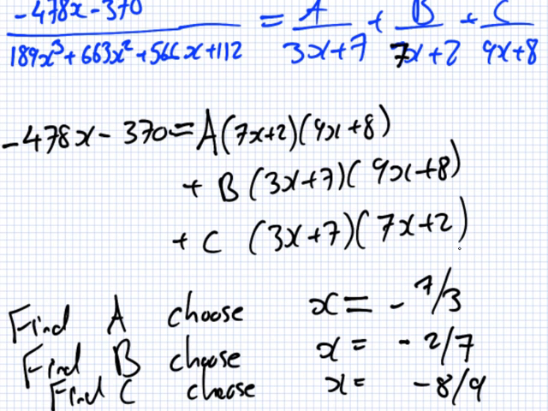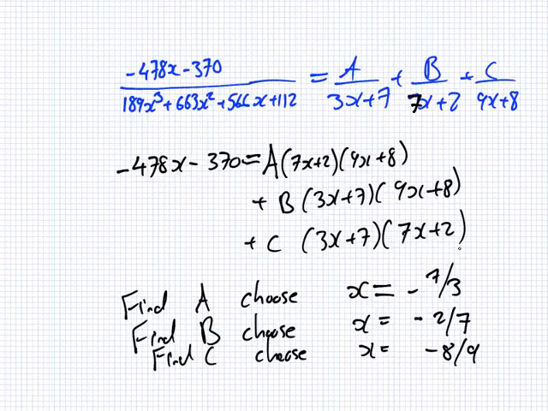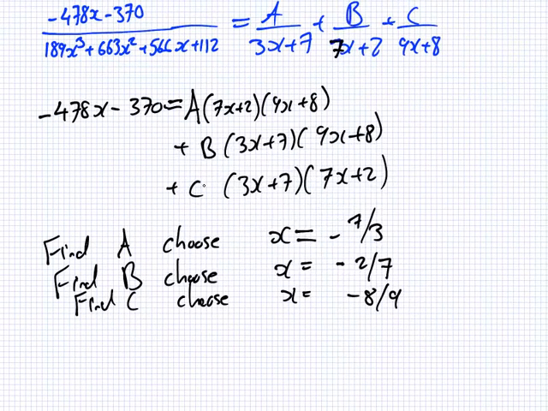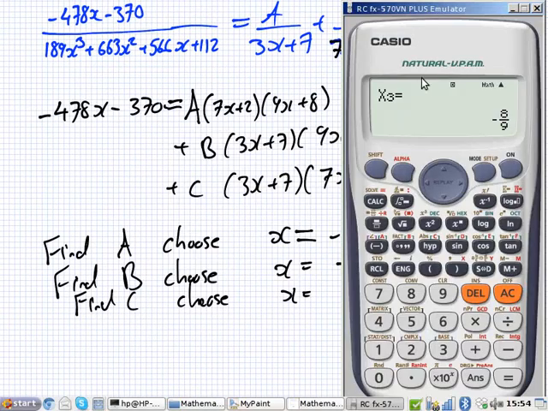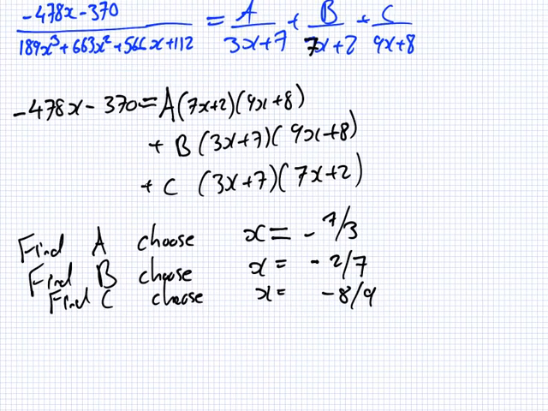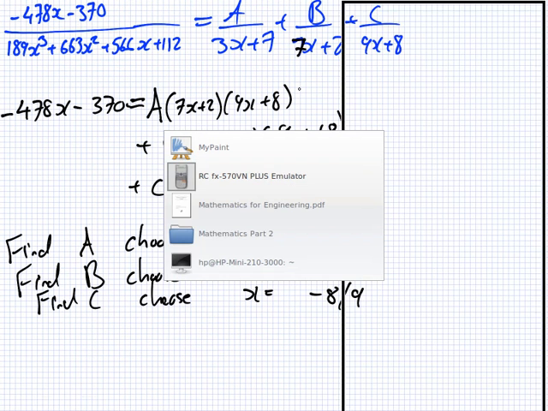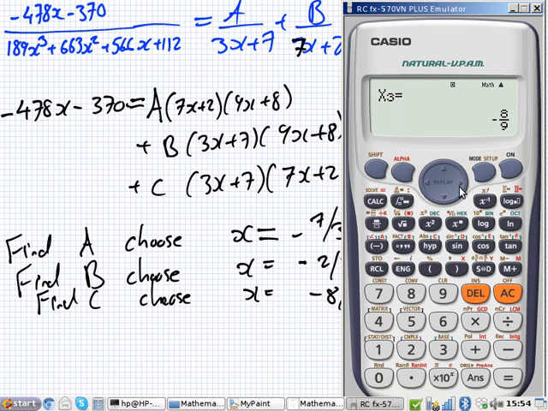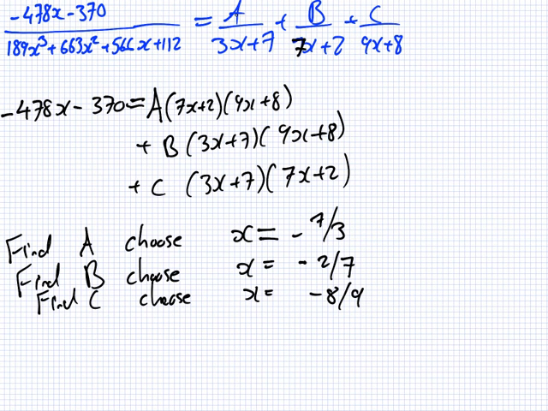But I can also use the cover-up method as well, which works perfectly fine. So let me just grab my calculator here. Right, so using the cover-up method, let's get the A first. If I look at the A, how do I make the denominator 0 here? What do I use for X to make this 0? Minus 7 over 3.